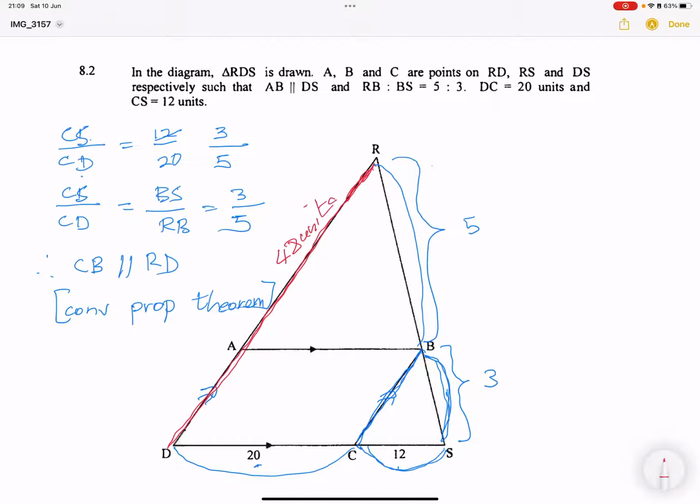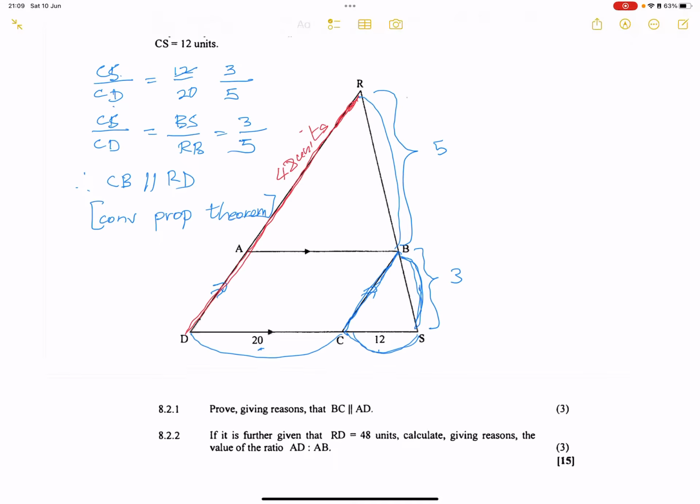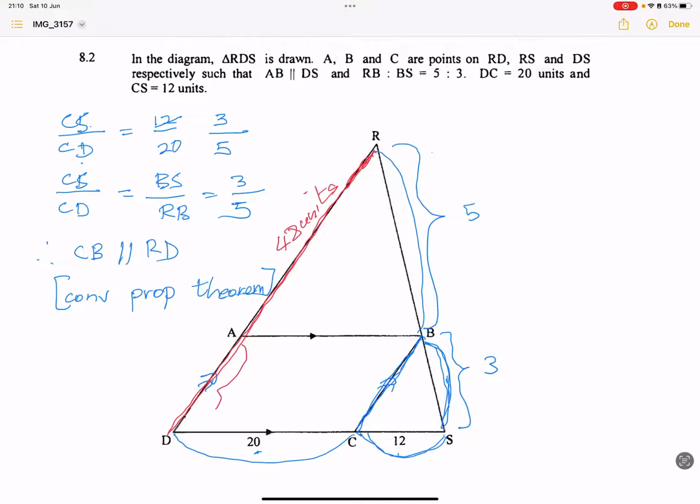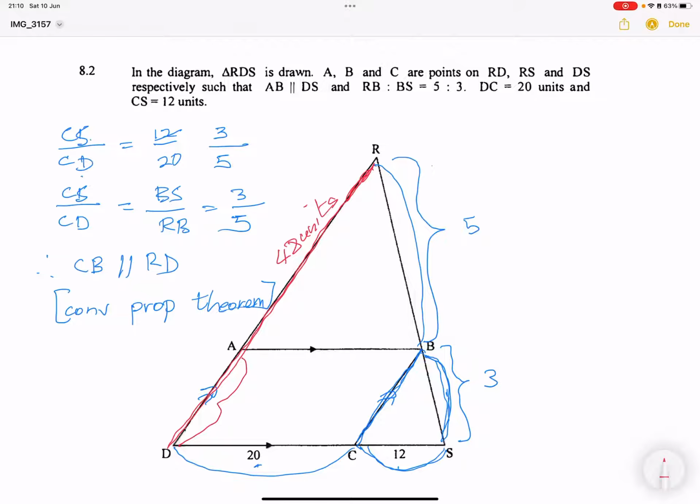What they want us to find is, calculate, giving reasons, the ratio AD to AB. So the ratio of this side here to this side over here.